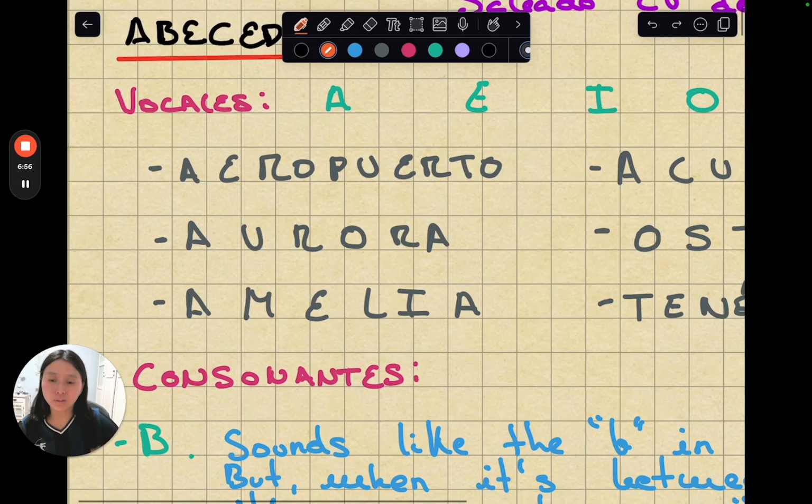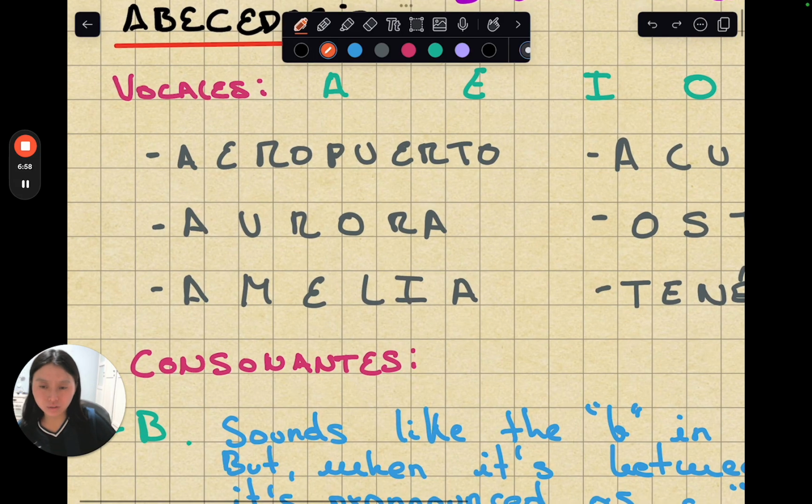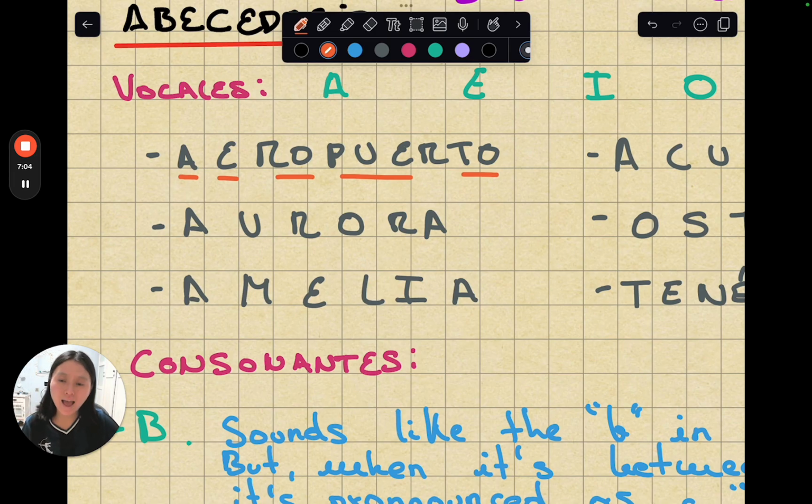So, for example, the word airport, aeropuerto. See that? I'm pronouncing every single syllable. Every single letter.